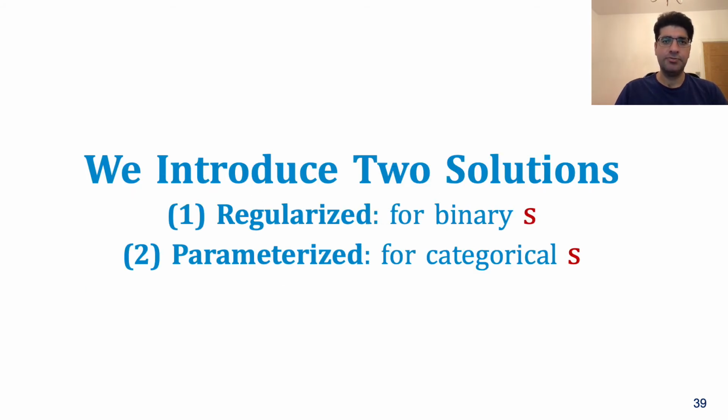To this end, we introduce two methods. The first one, we call it the regularized method, which is only useful for binary attributes. The second one, we call it the parameterized method, which is useful for any categorical attributes.